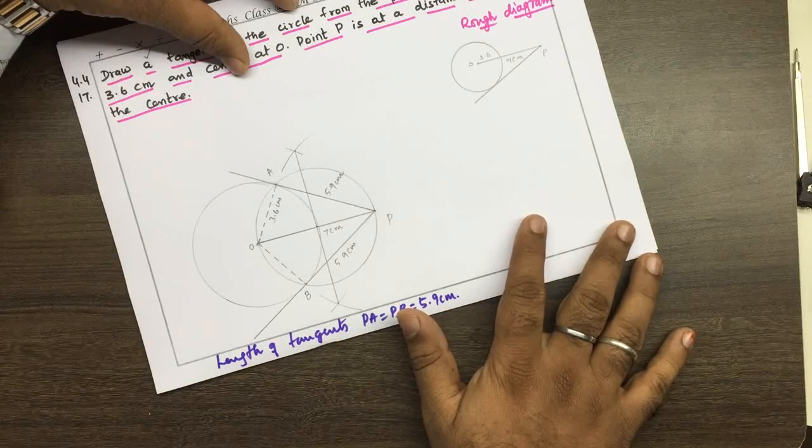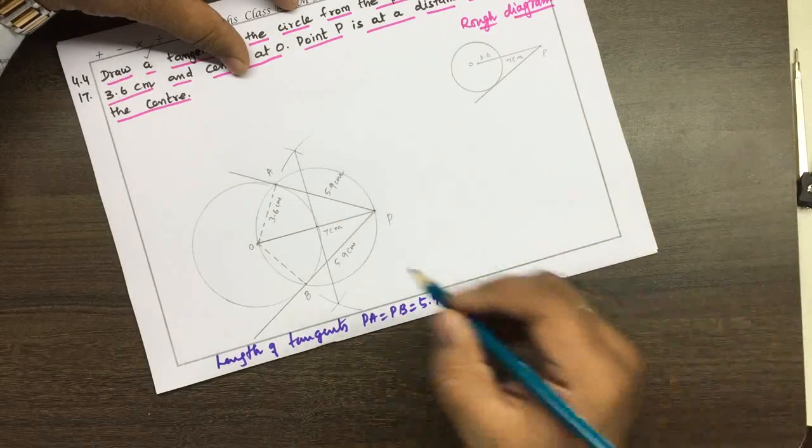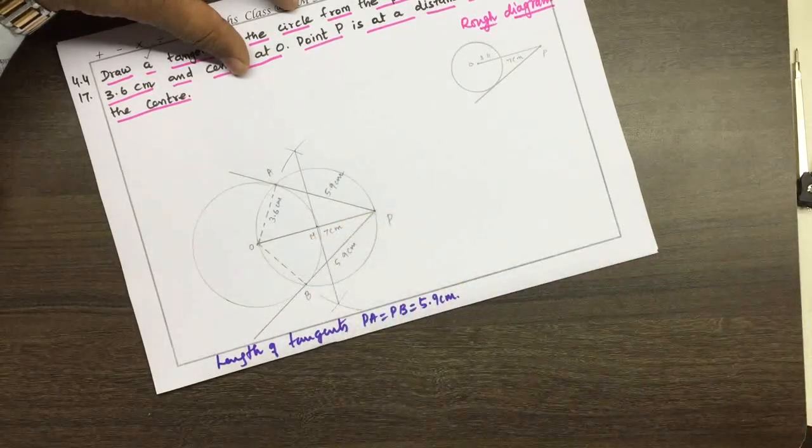By joining the points of intersection of the arcs above and below OP, we get the perpendicular bisector which intersects OP at M. From the point M we draw the circle to get the points of intersection on the previous circle, A and B. By joining the points A and B with P, we get the two tangents PA and PB, which are of equal measure 5.9 centimeter.